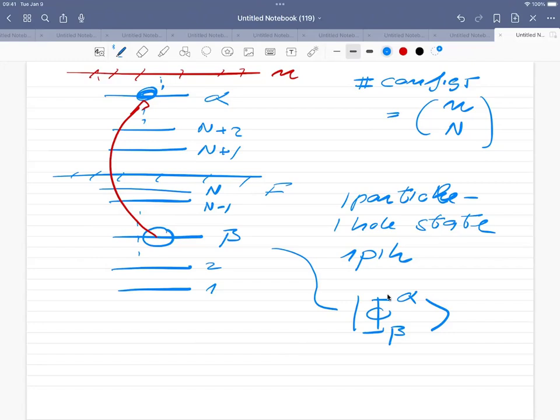So this is my one particle, one hole state. These are just notations which I'm introducing now in order to simplify my nomenclature. And the way you can think of this is just as redefining one of the possible ways of distributing these particles in little n slots.